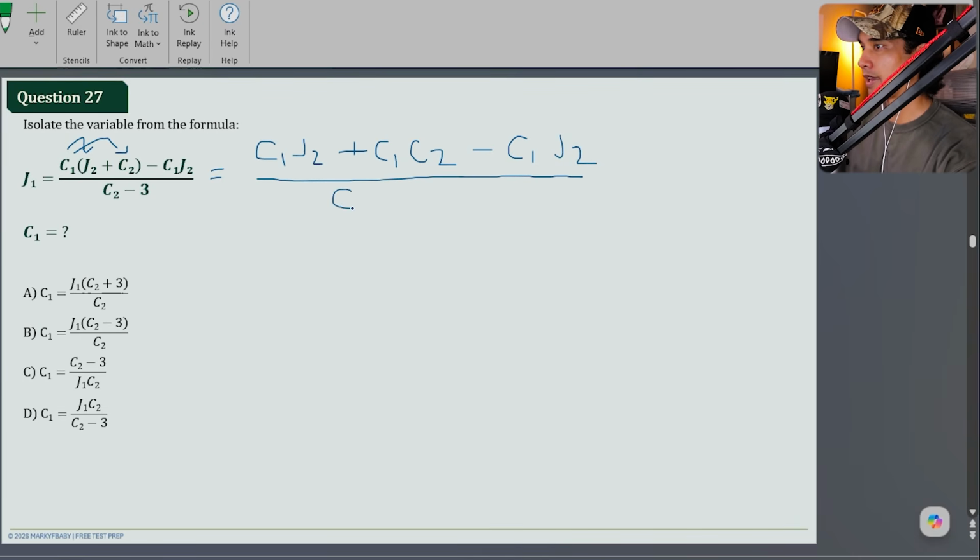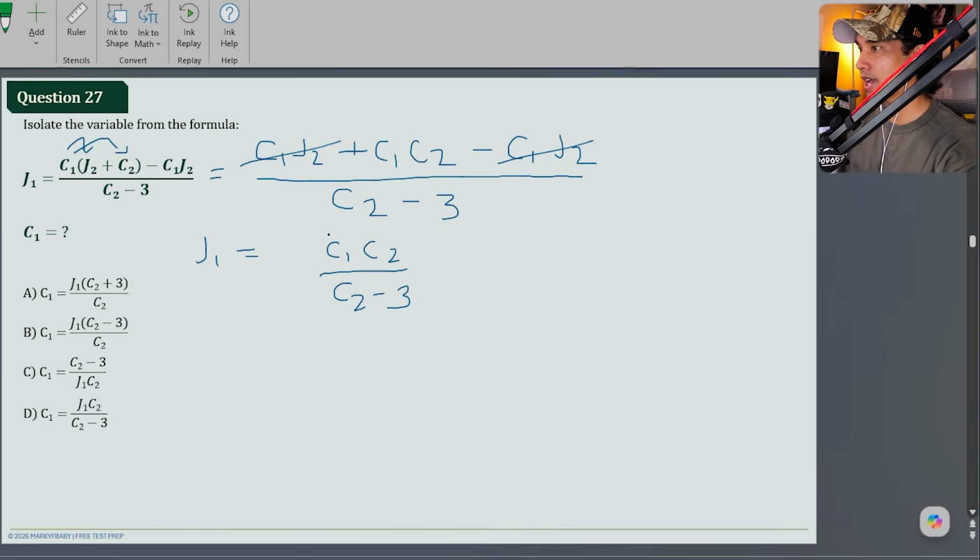I did it right. And then over C2 minus 3. Well, in the numerator, we could cancel out this positive C1 J2 with this negative C1 J2. Get rid of that. What we're left with now is C1 C2 over C2 minus 3. And this is J1.